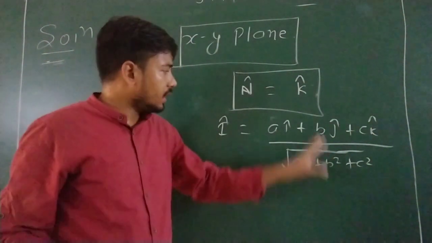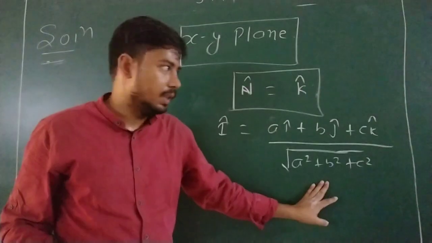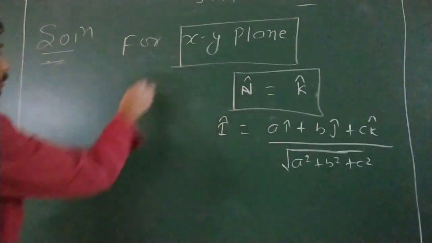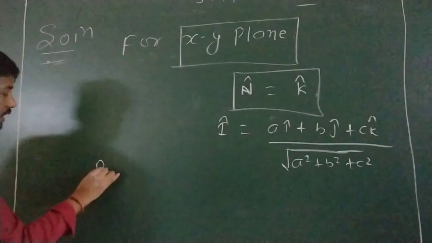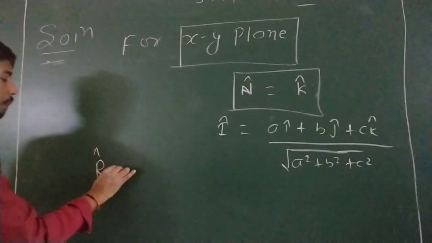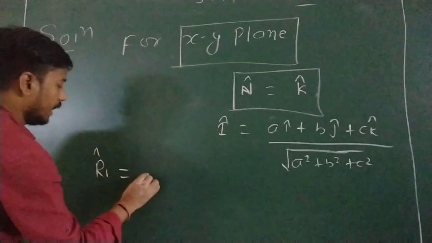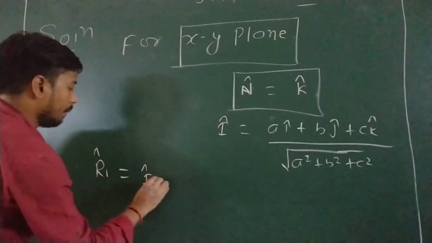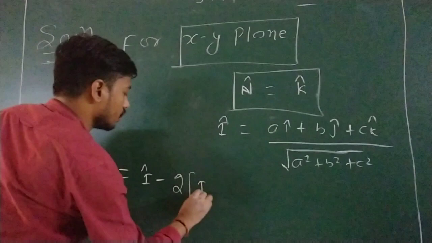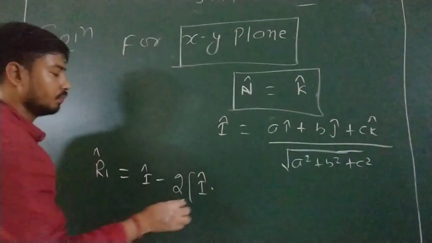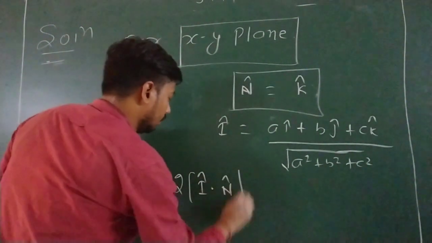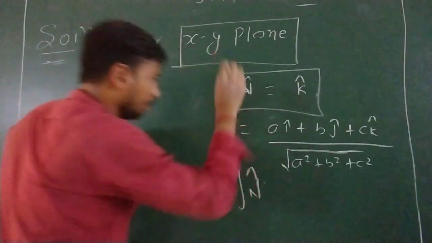And if not unit vectors, we can just calculate by this method. So this becomes i cap. Now use this formula. First reflected ray R cap is equal to i cap minus 2 times i cap dot n cap into n cap.